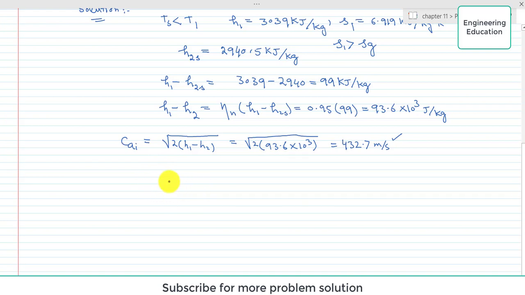Now for maximum work we have to find the blade velocity, and the blade velocity for maximum work is equal to CAI cos alpha by 2.